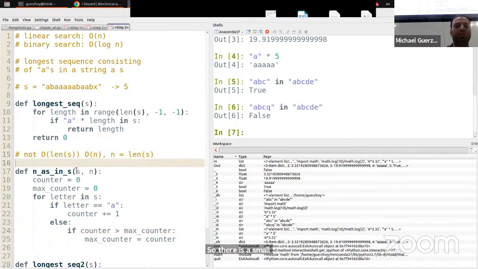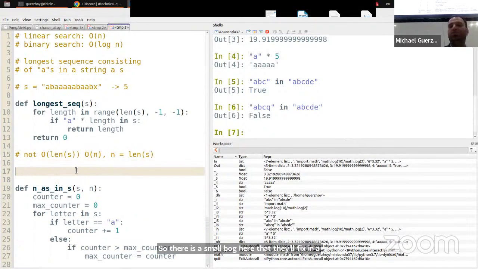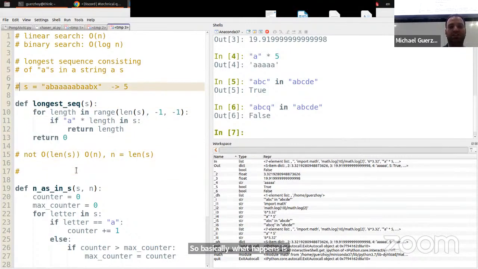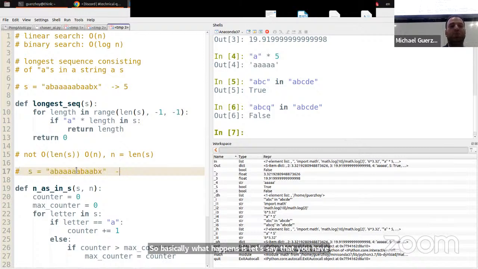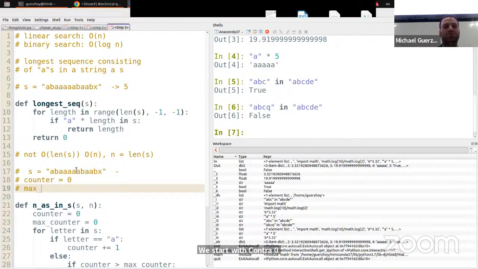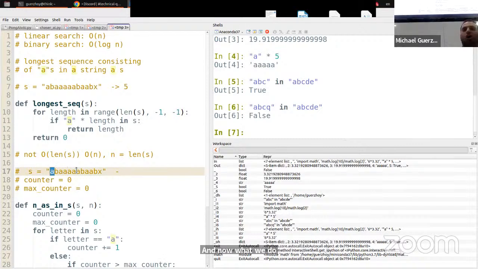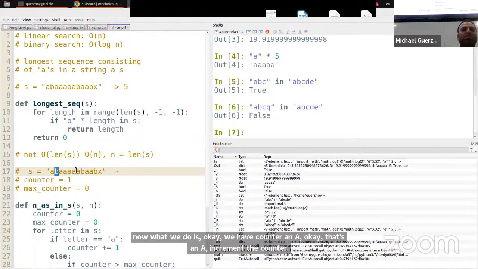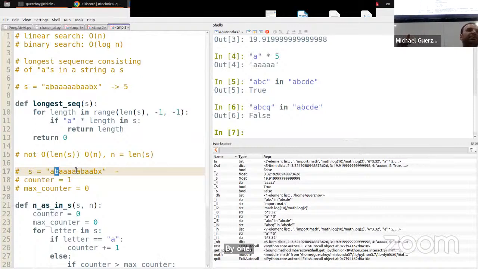So what does it do basically? Let's say that you have this kind of S. We start with counter at 0 and max counter 0. And now we encounter an A. Okay, that's an A, increment the counter by 1. Now we're at the B. Well, that's a not A, so the sequence of A's just ended.